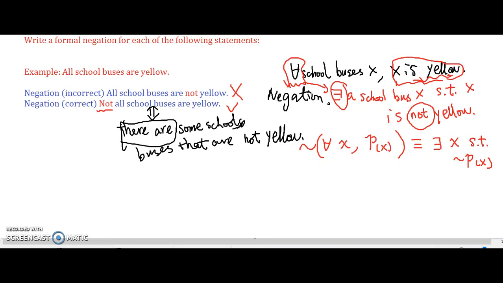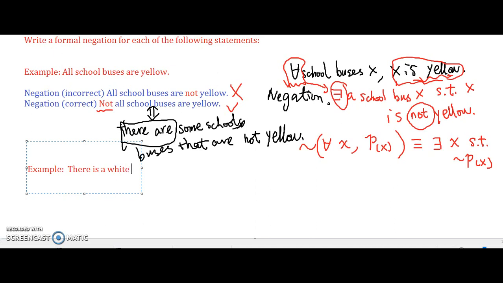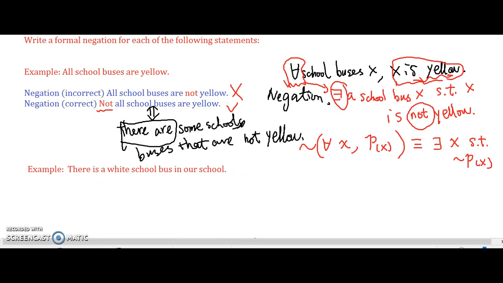For example, the second example: there is a white school bus in our school. First we look at the negation.